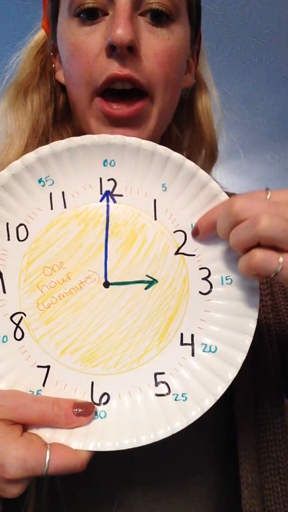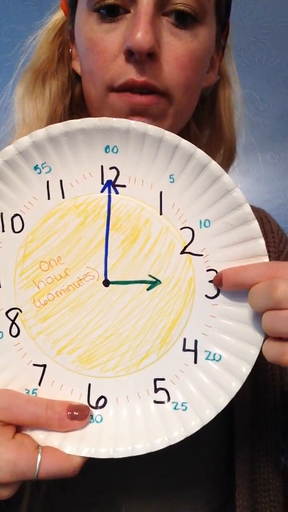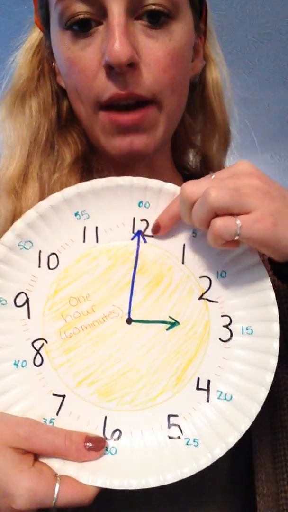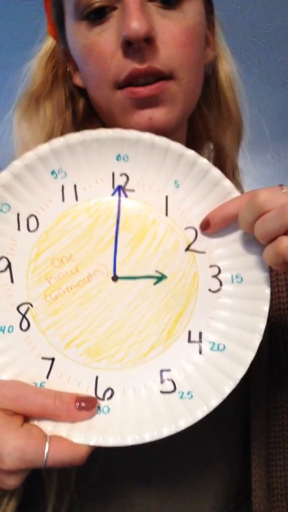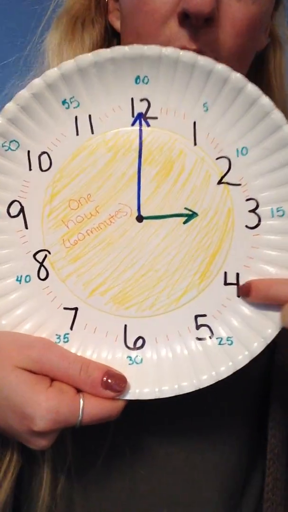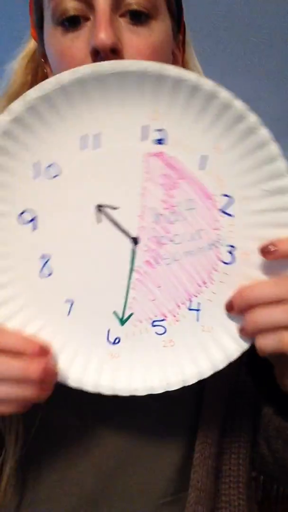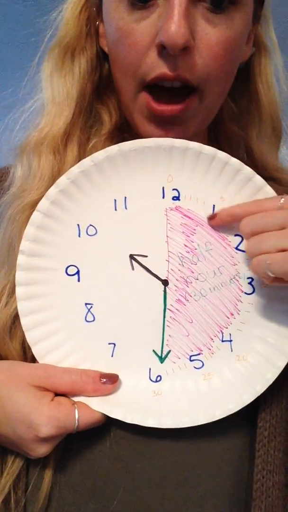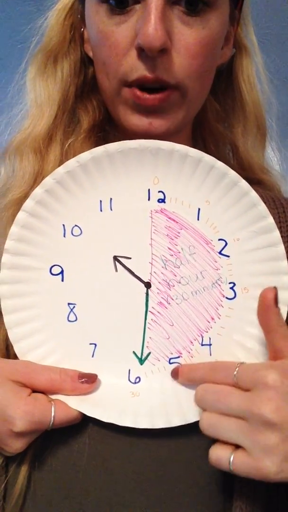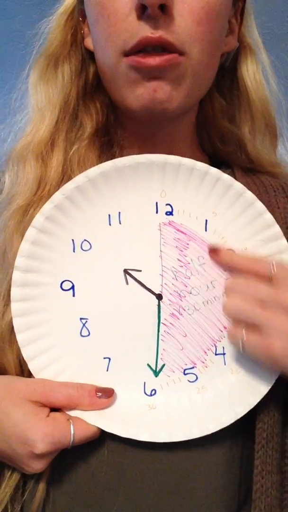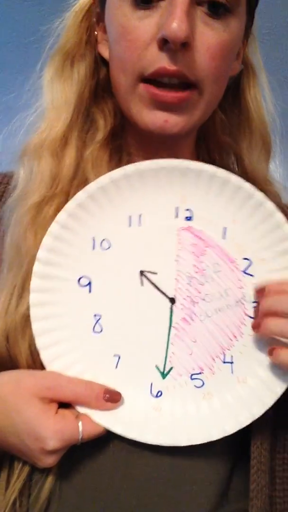So that means there's 5 minutes for each one of these. So if we count, we have 5, 10, 15, 20, 25, 30. So when we came around for a half hour, 5, 10, 15, 20, 25, 30, it's been 30 minutes. Do you guys see that?